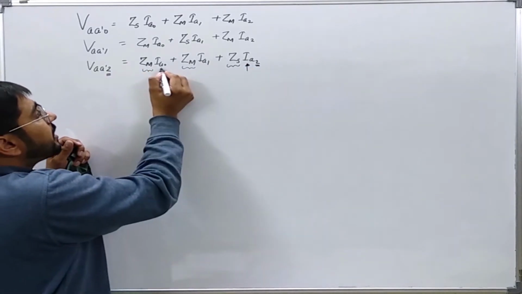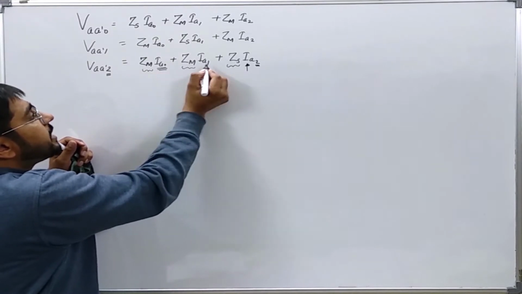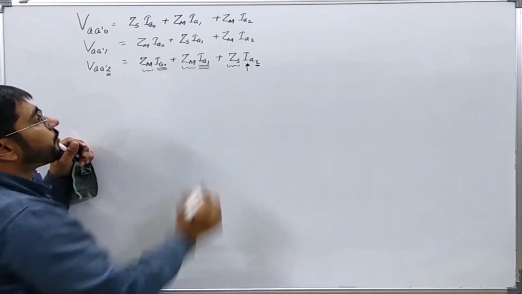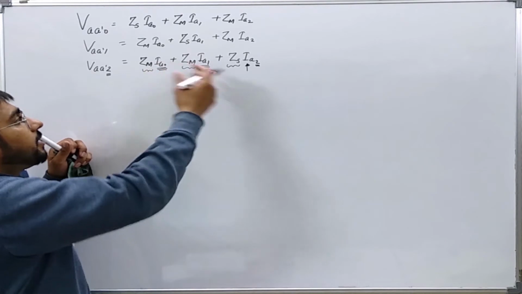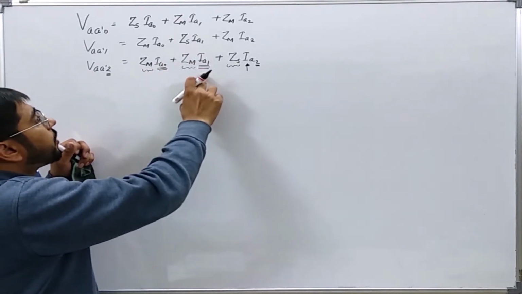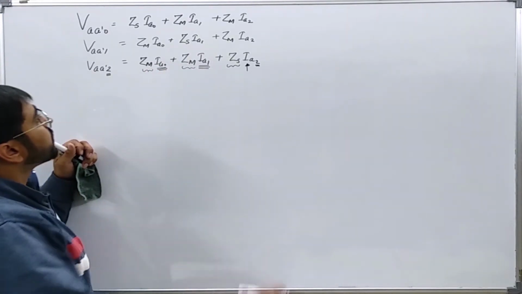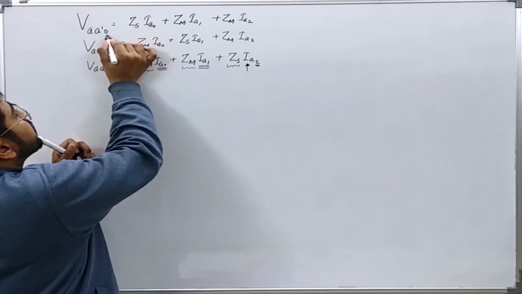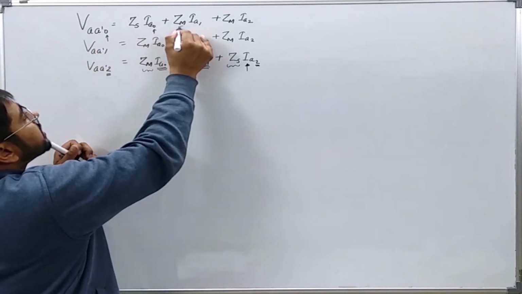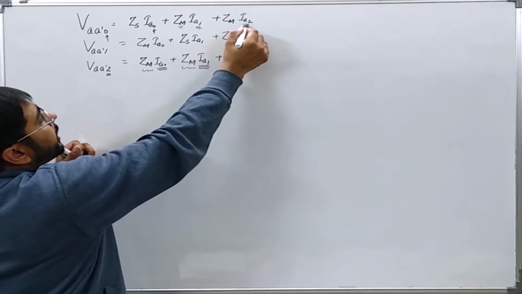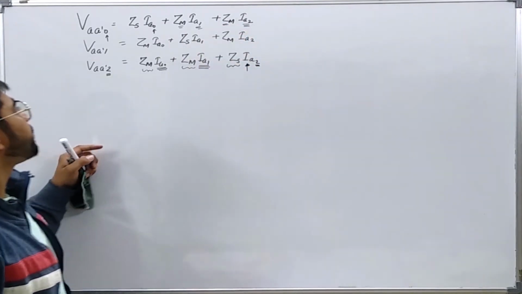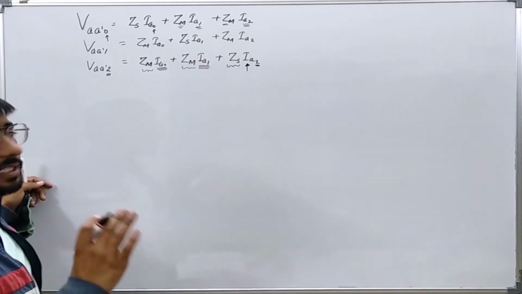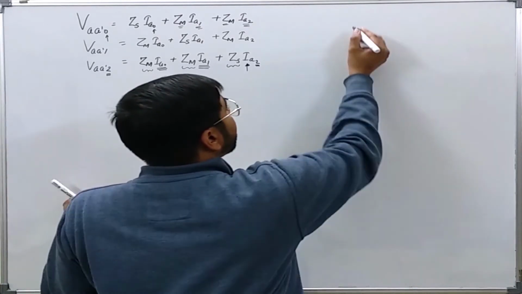However, the mutual impedance is present in the flow of the other sequence currents. So similarly, you can see ZS for 0 and ZM is here for A1 and A2. In this way, it is giving us a hint.